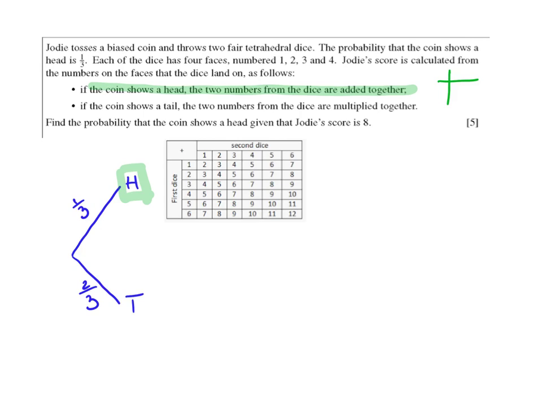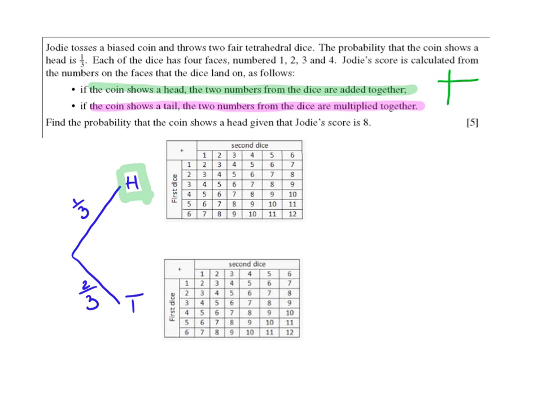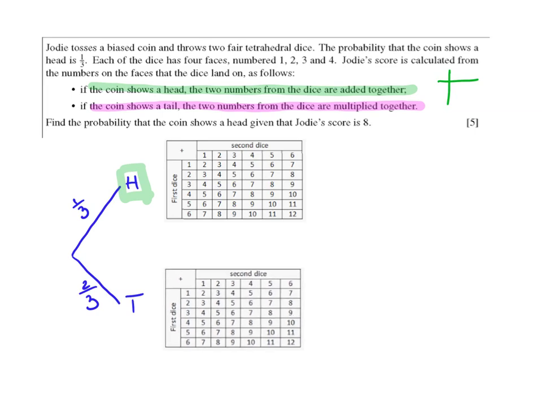Now, if it shows a tail, then the two numbers from the dice are multiplied together. So here I should bring the same table, but instead of adding, we are going to multiply the two numbers. So I'm going to duplicate that. I'm using my technology to make my work easier.